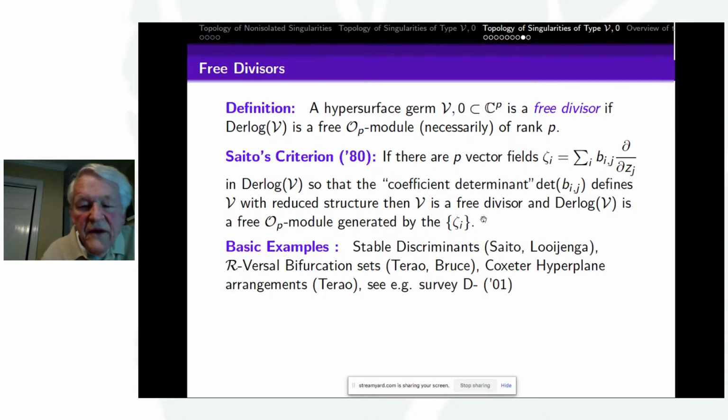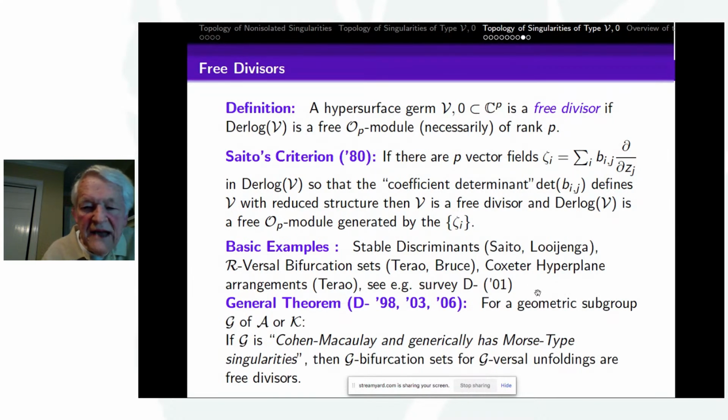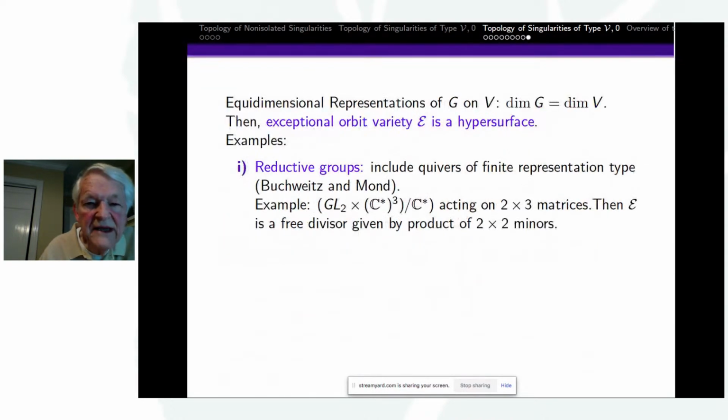Of those many examples I described before, here are some that are determined to be free divisors: stable discriminants, R-versal bifurcation sets, Coxeter hyperplane arrangements, and in fact there's a whole class of more general cases where, provided they satisfy two conditions here, you get that the bifurcation sets are free divisors. So free divisors are plentiful, and the question is, how do we use them in the case of things like matrix singularities?